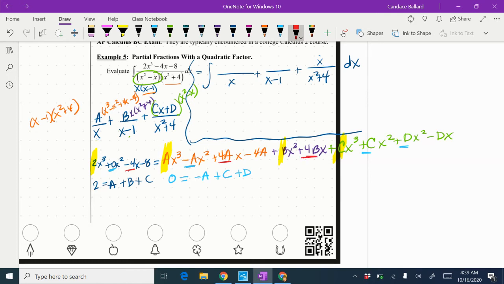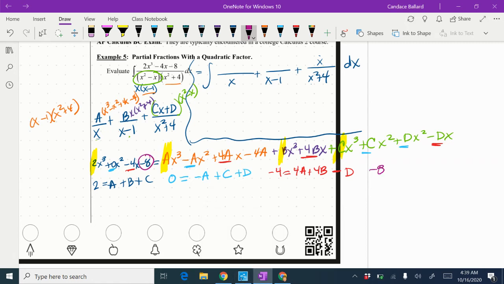So let me find my x's. So I've got negative 4 equals 4A plus 4B minus D.